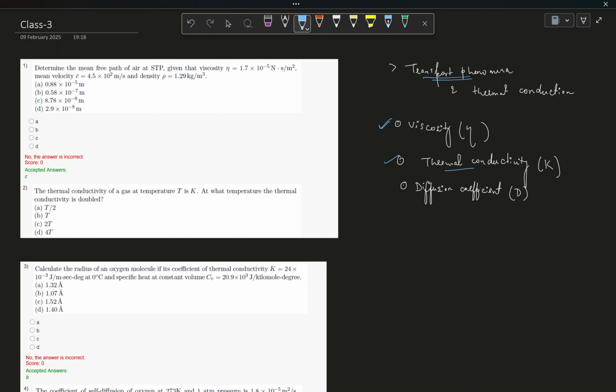Whenever there is one part at a higher temperature and another part at a lower temperature, the natural tendency is that thermal energy or heat is transferred from higher to lower temperature. That is what is quantified by thermal conductivity, which specifies what amount of thermal energy is exchanged per unit area and per temperature gradient.